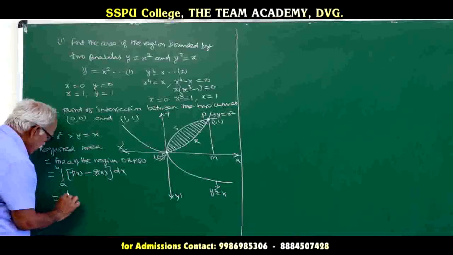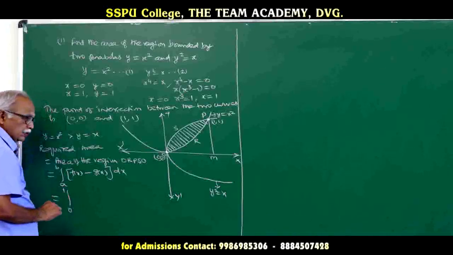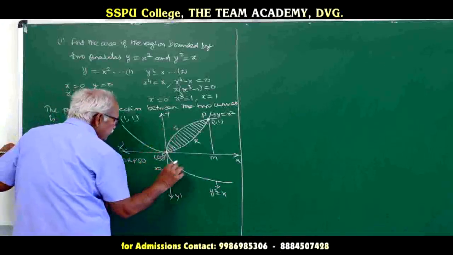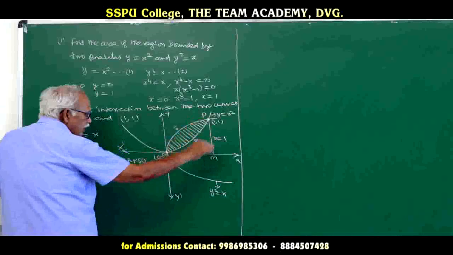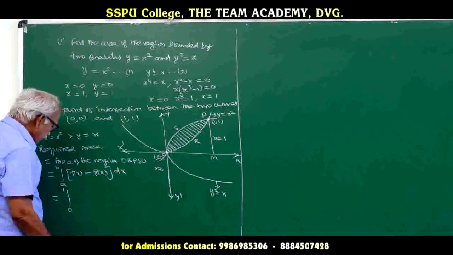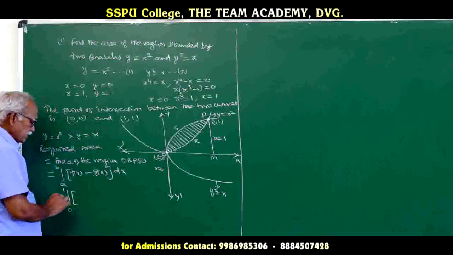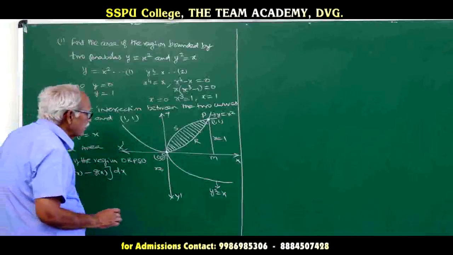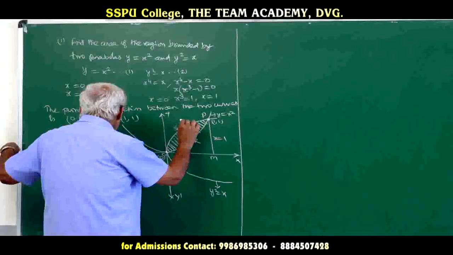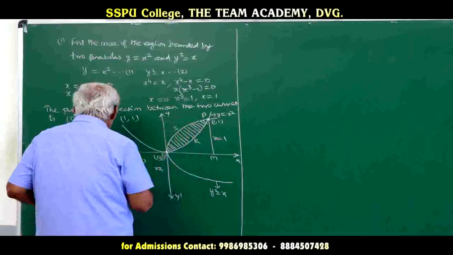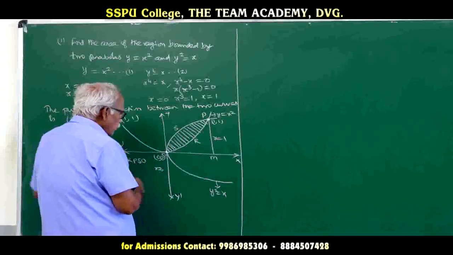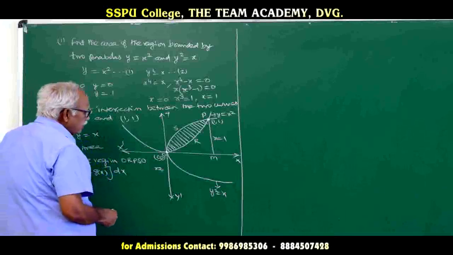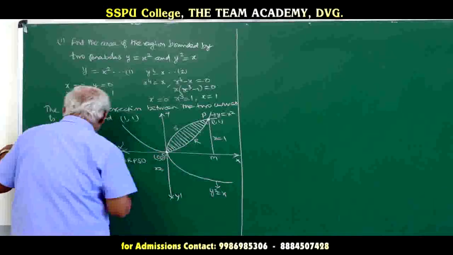This is the formula. Here the lower limit is 0 for this question, upper limit is 1. See, this is x is equal to 0 and this is x is equal to 1, lower limit and upper limit. So, what is f of x? Which curve is higher here? See, the curve is y square is equal to x, and then y is equal to what?